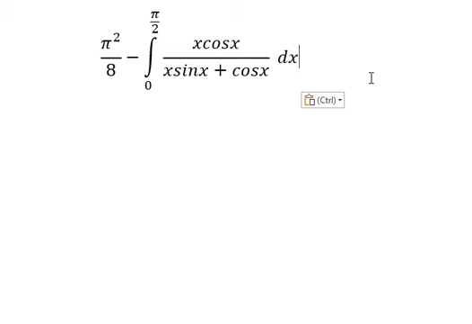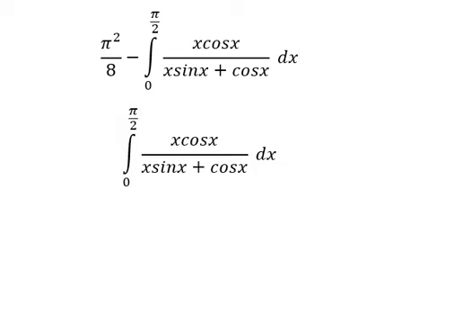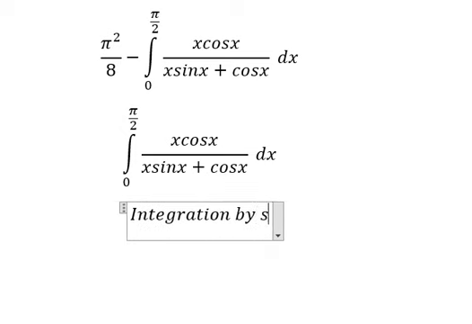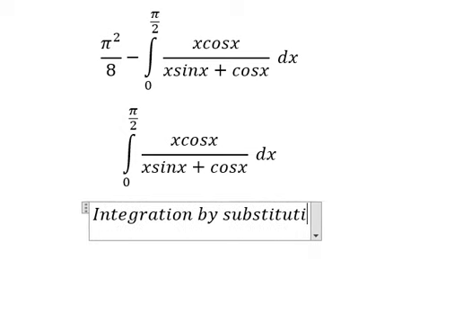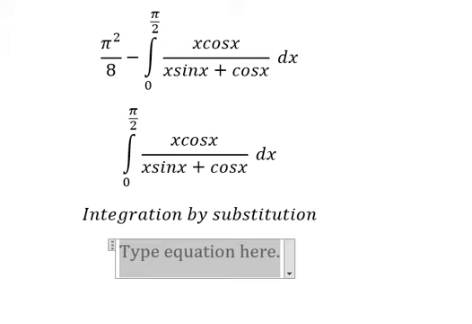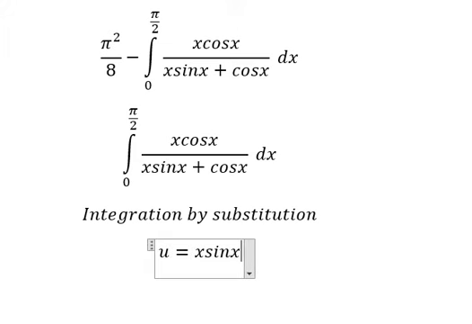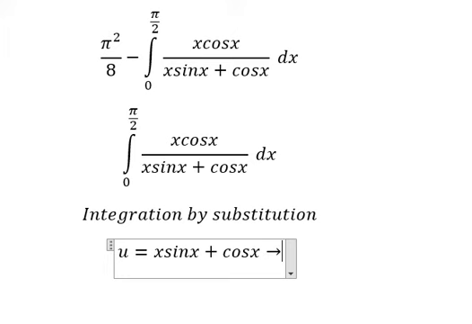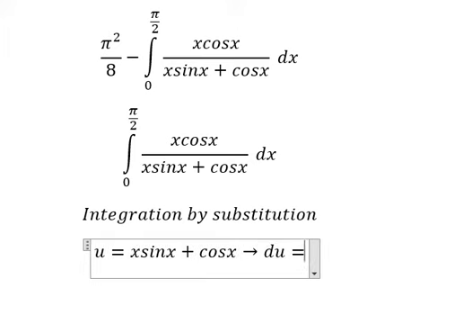Now I need to concentrate on this one. So we need to use integration by substitution. So I will put u equal to s sin s plus cosine s. Later we need to take the first derivative of both sides.